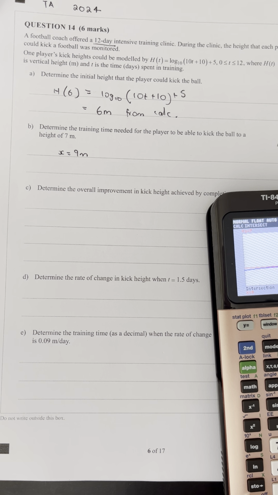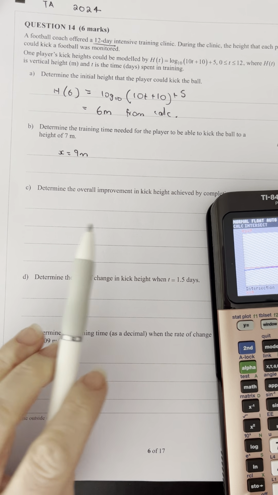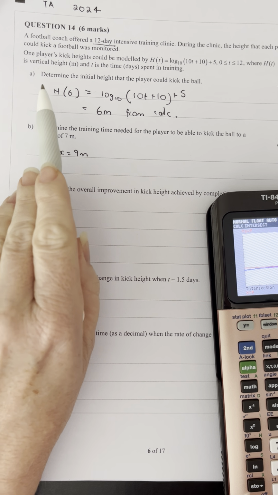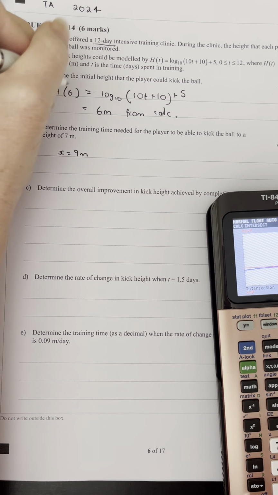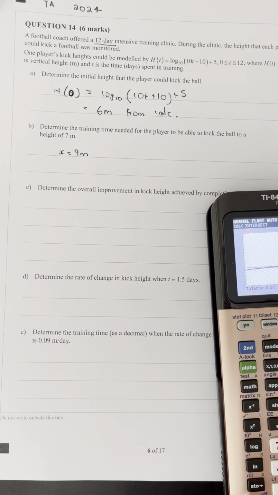Now we could also put what we did to calculate that one, but in the marking scheme it just says using your calculator, so you don't have to show any working out for that. Up here we did have to put that we were working out our h, sorry, I should have written 0 there, that's like a 6, to get that answer.